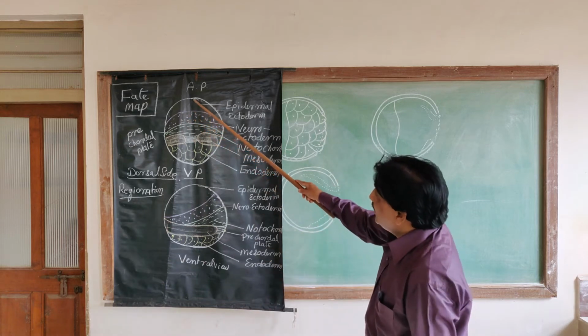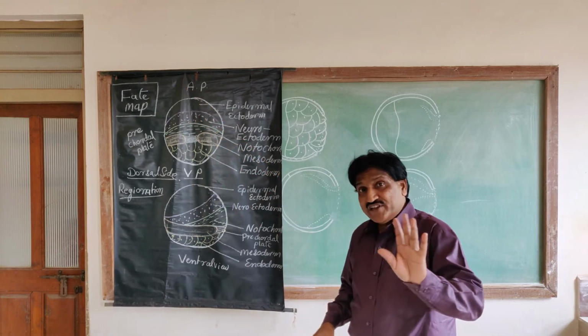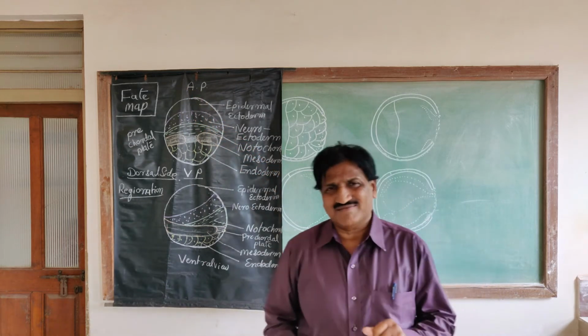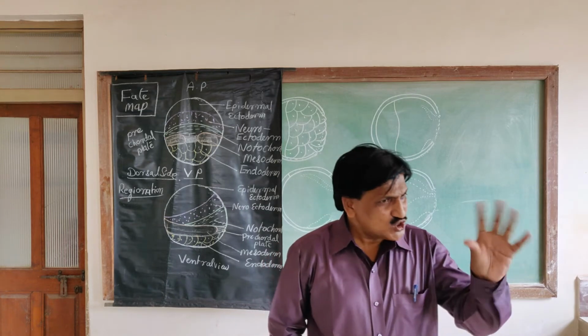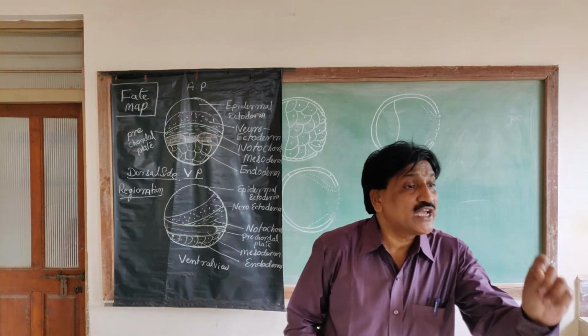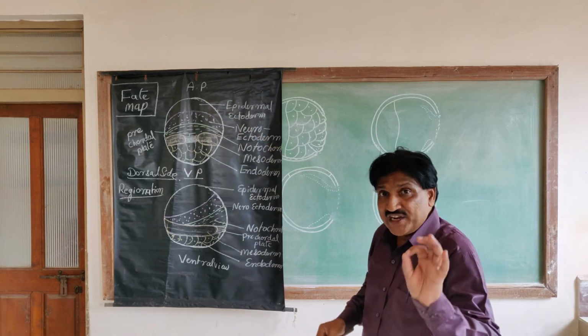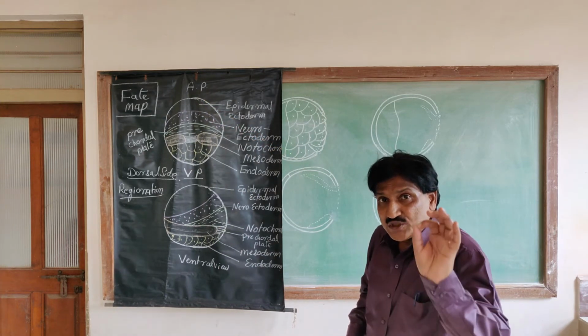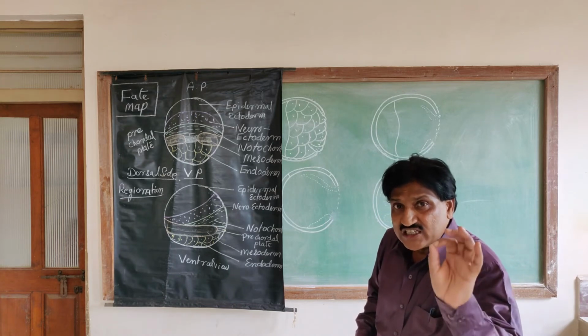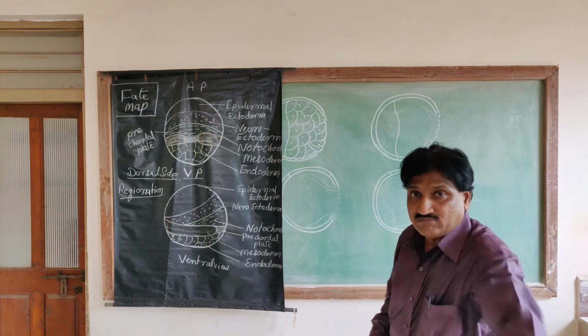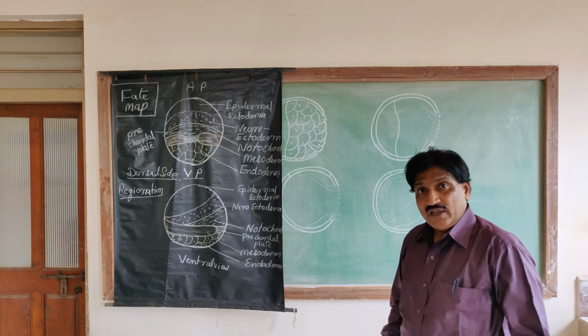Now at the animal pole, which cells are present? Smaller cells. They are called micromeres. And these micromeres, my dear friend, in future develop into ectoderm.